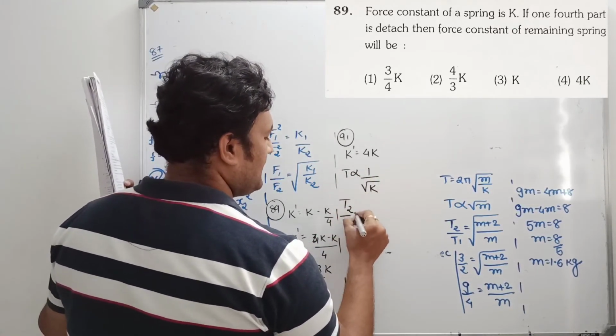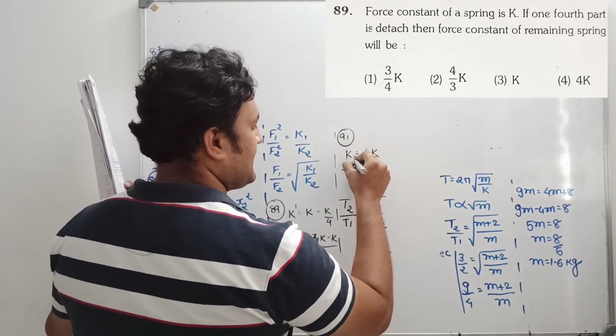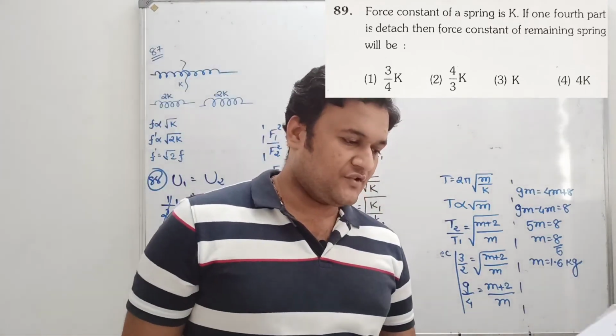T2 upon T1 is equal to under root k1 upon k2, so this is k2 and this is k1. આટલું કામ કરજો એટલે આન્સર તમારો આવી જશે.